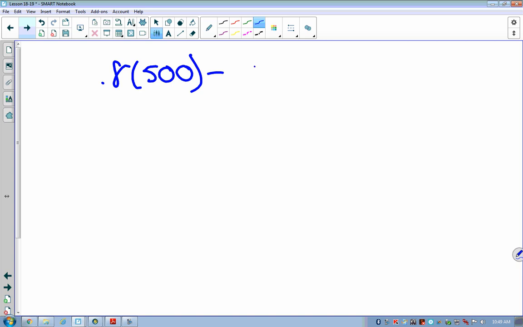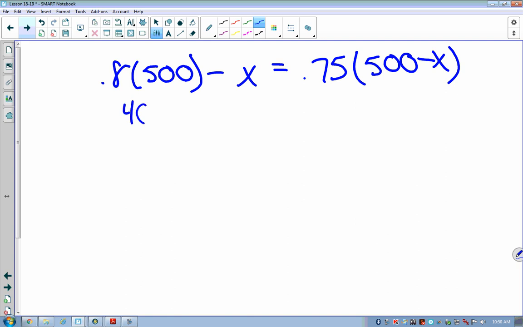We got to subtract something. We have to extract a certain amount so that what we wind up with is something that is 75%. So it's going to be 500 minus x. So it's similar to question number 1, but still different just because here we're not adding two things to get something, we're subtracting to get something. So 0.8 times 500, kind of fast forward through here, I should get 400 minus x equals 375 minus 0.75x.